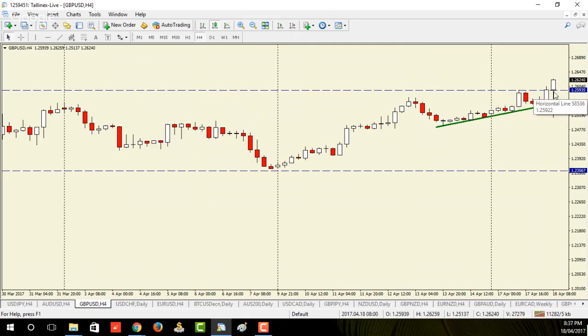What we were seeing is kind of a fake out move lower, and because we had been squeezing up against this horizontal level, I thought it would break out. May is talking right now, as we speak. She's got her little speech going, so that's probably why we saw some of this.